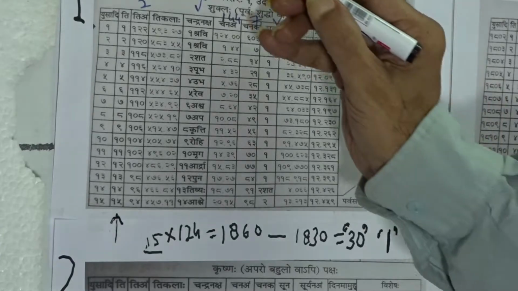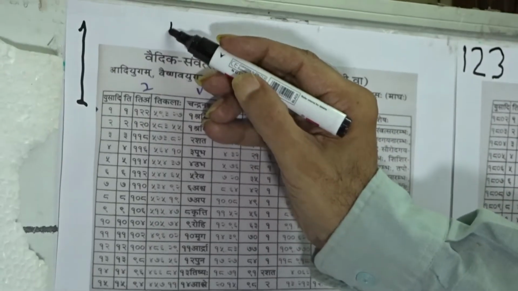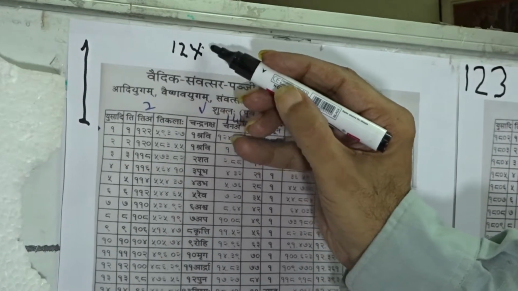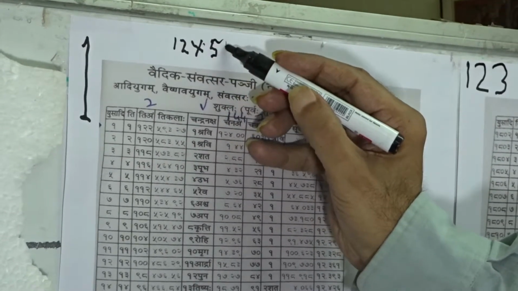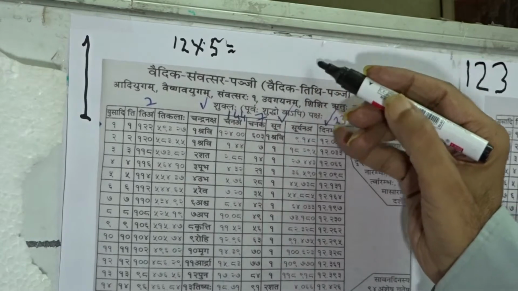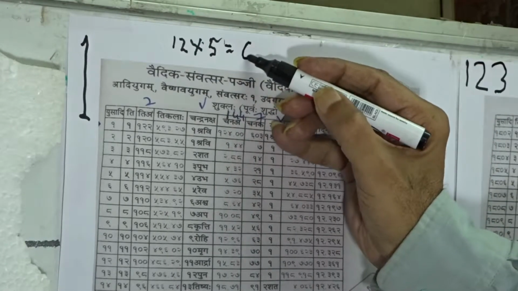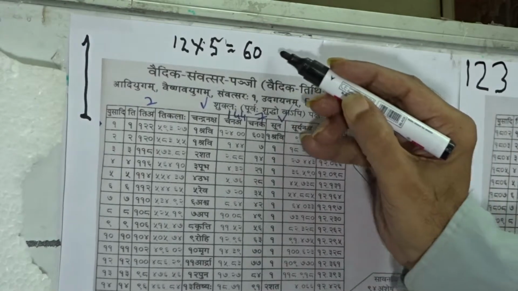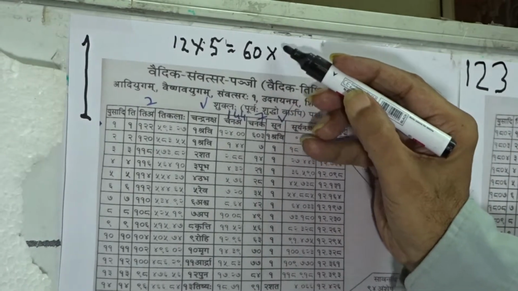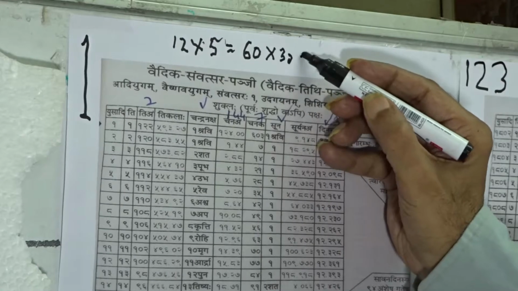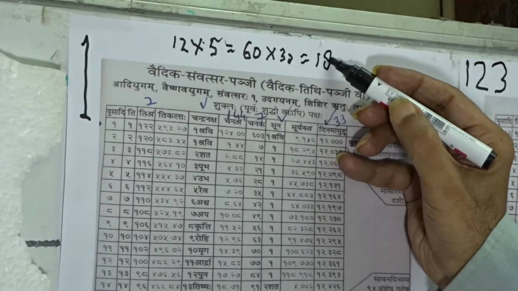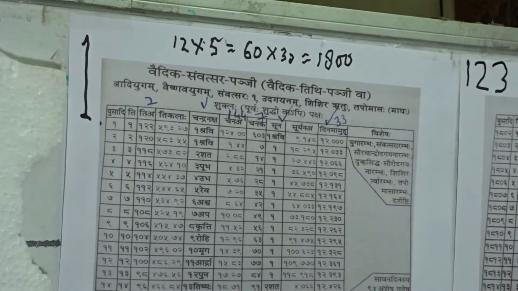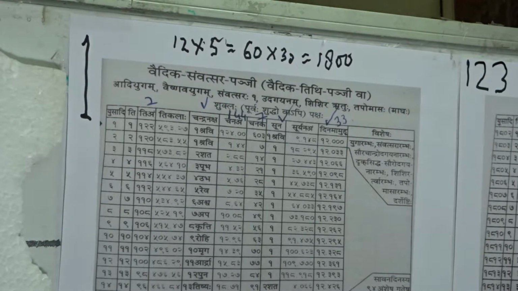When we are having 12 months a year and we are having 5 years duration of yuga, it will lead us to 60 months period. 60 multiplied by 30 gives us 1800. But we are having a chase of 1830.